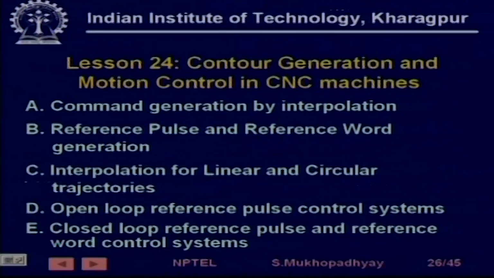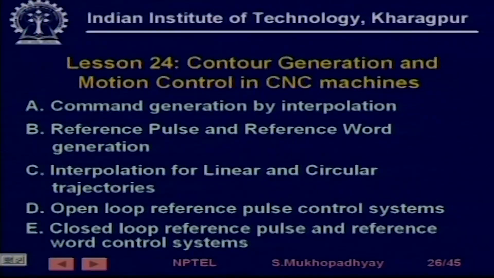Typically one of these motions is rotational and the other motion is translational. So, in any case there are precise position control and speed control requirements on these actuations or drives, so that the part dimensions are good and the part surface finishes are good.